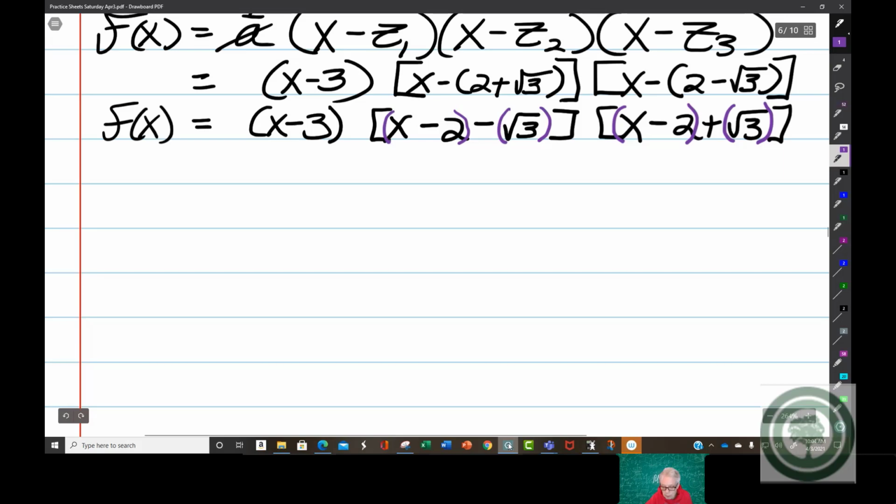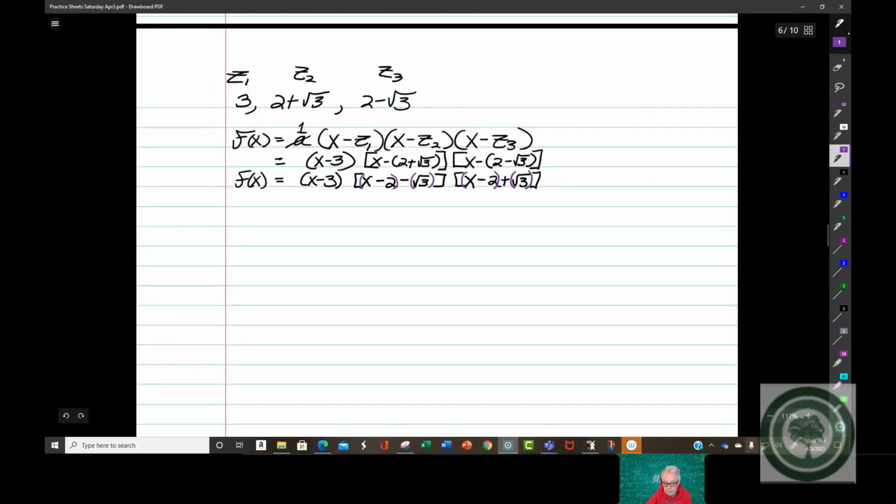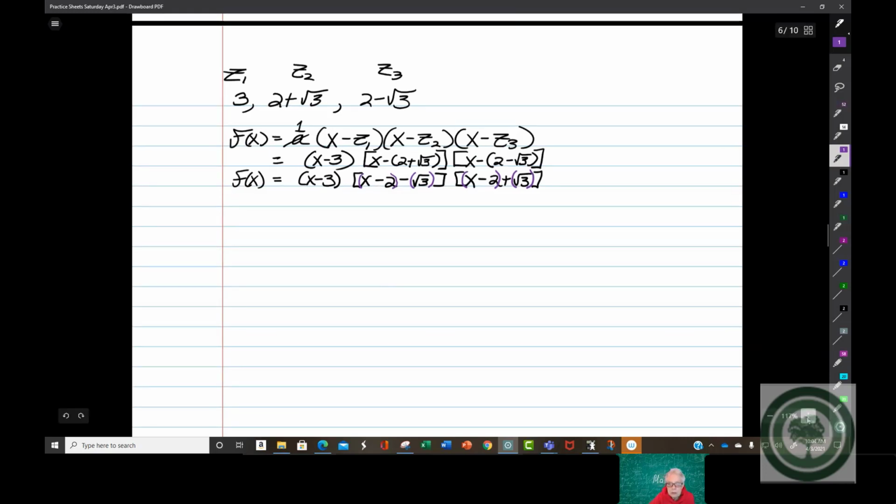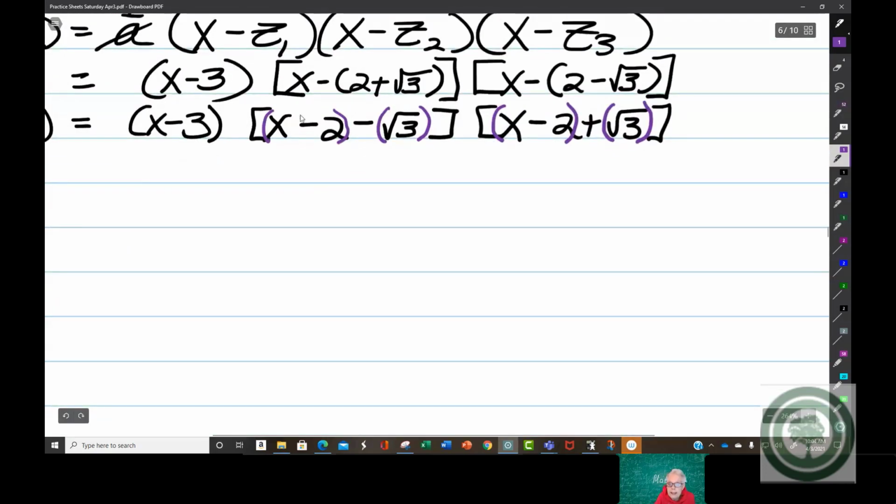Notice that the x minus 2 and the x minus 2 match. I could call them A. And the square root of 3 and the square root of 3 match.